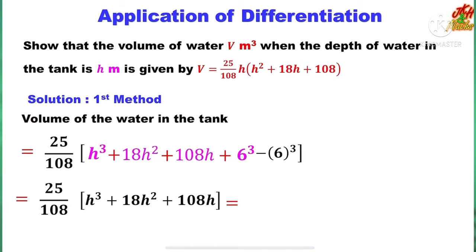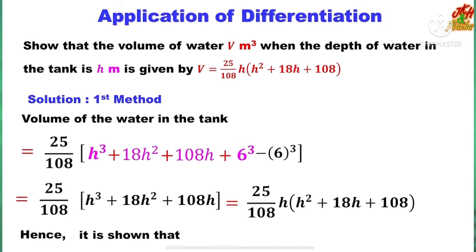By taking out the common factor, we have 25 over 108 h multiplied with h square plus 18h plus 108. Hence, it is shown that V is equal to 25 over 108 h multiplied in the bracket h square plus 18h plus 108.